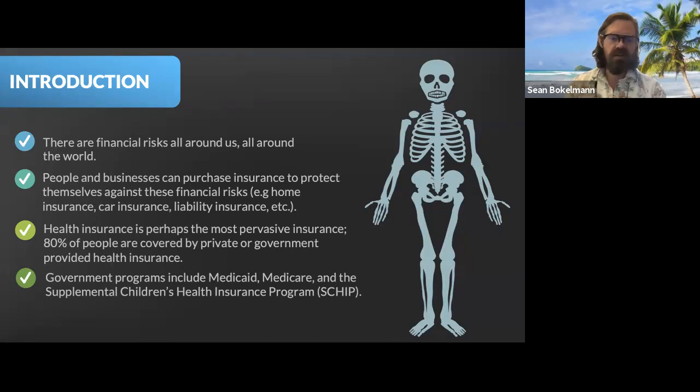Some of the programs provided by government, we've already heard of Medicaid and Medicare, but there's also the Supplemental Children's Health Insurance Program, also known as SCHIP. We'll talk about those 2 chapters from now, chapter 12, I believe.